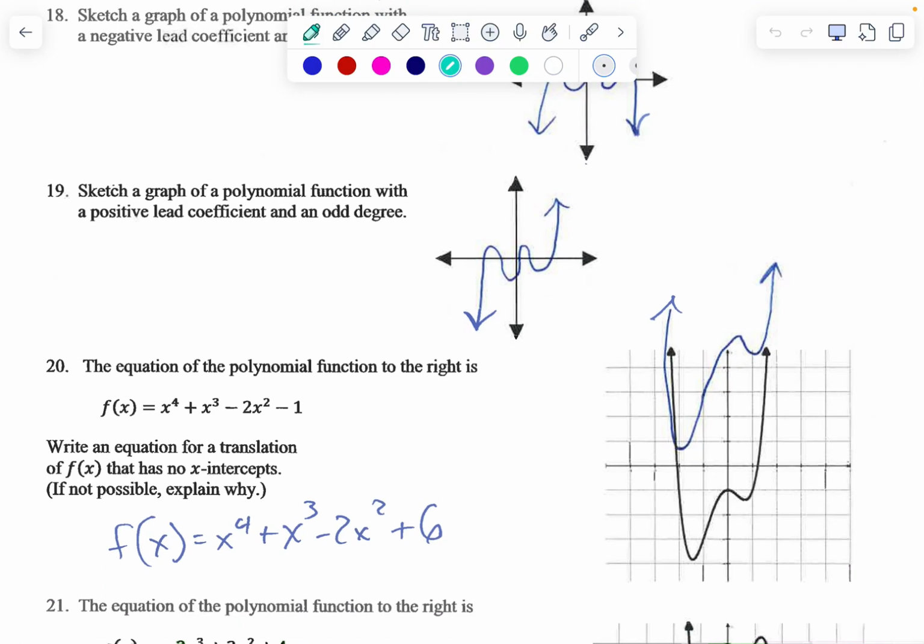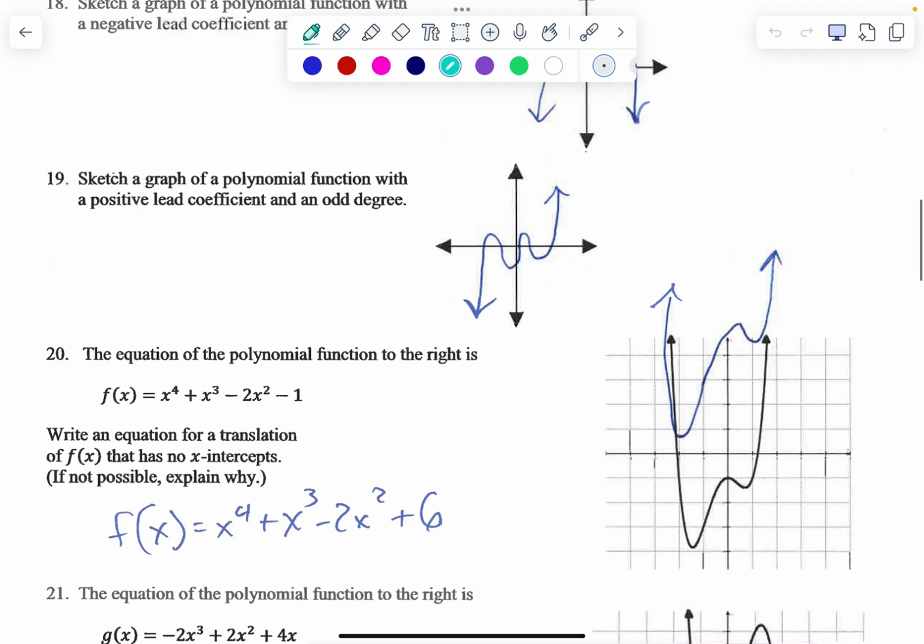Okay, 19, same thing. Yours does not have to look just like mine. There's infinite different ways to draw that. You need to make sure your end behavior is opposite and that the right arm points up, left arm points down. Otherwise, it's flexible.